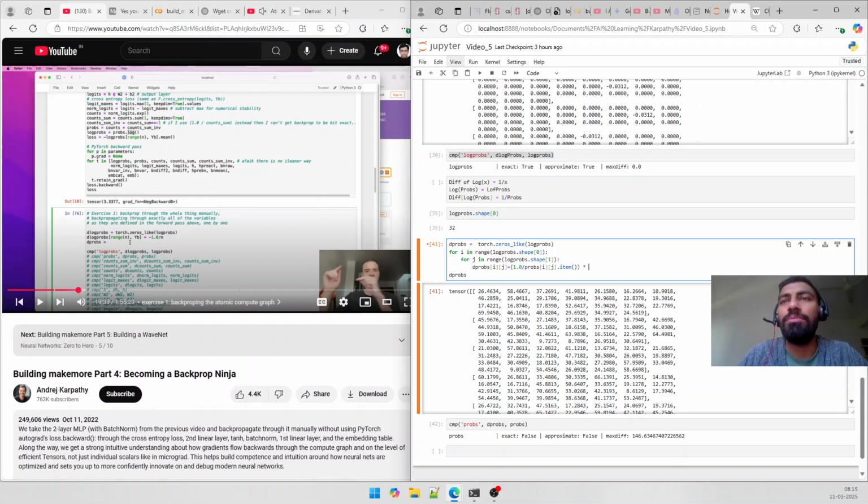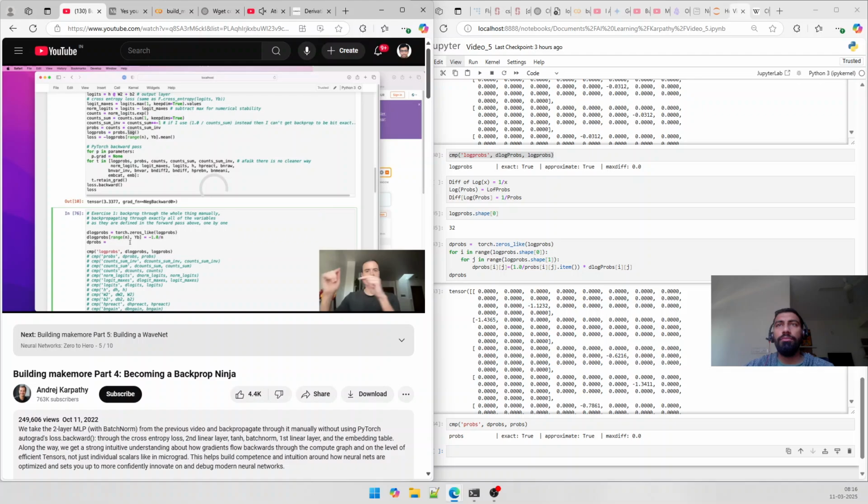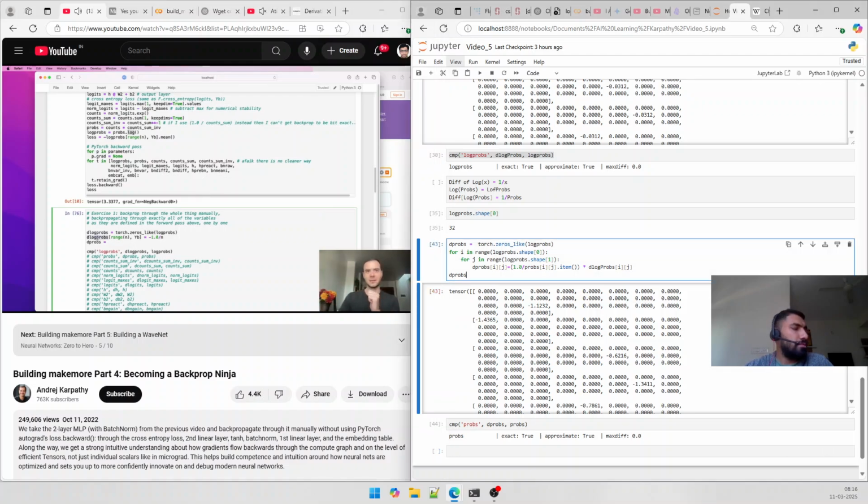And this should be the d loss by d log probs, that's what we calculated. The derivative of the loss with respect to its output, which in this case is d log probs.